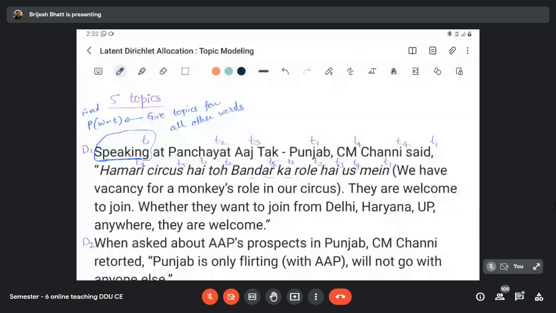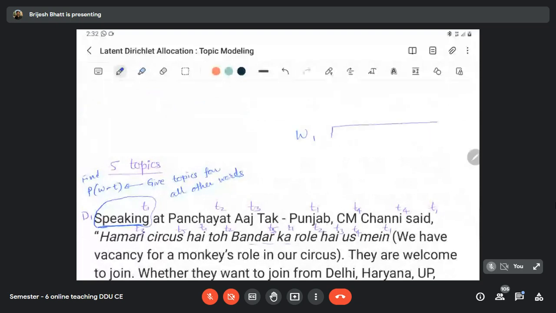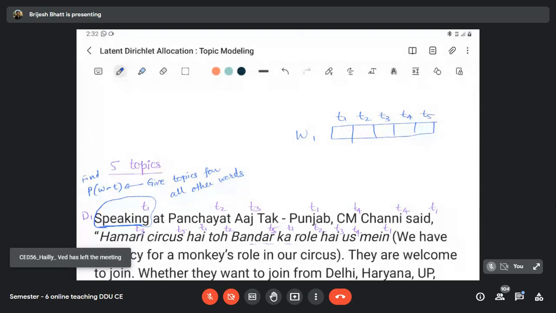So for every word you have this topic vector T1, T2, T3, T4, and T5, with different probabilities. As I said, the Sachin Tendulkar article is in the finance category with probability 0.6, in the sports category with probability 0.3, and so on. So you have the topic distribution like 0.3, 0.4, 0.2, and so on.